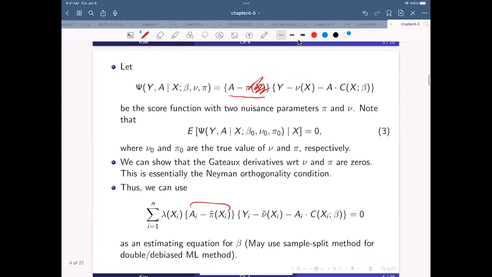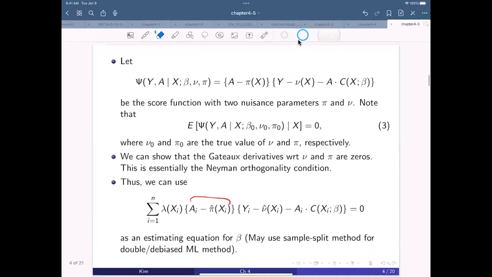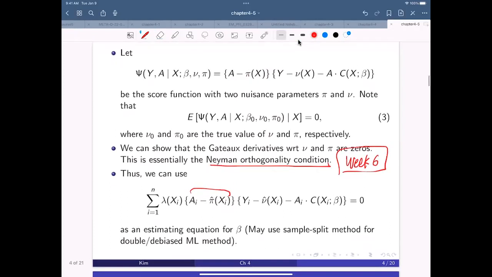So that is, I think, why G estimation is so special and powerful. It is basically connected with the Neumann orthogonality argument that we covered in the week 6 lecture, right? If you check the week 6 lecture note, I made a very rigorous description of the idea.